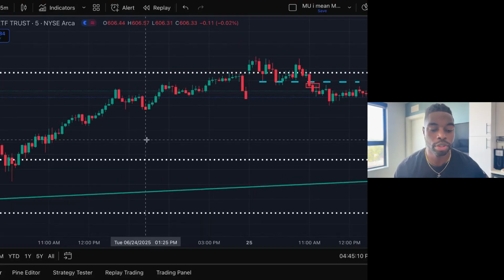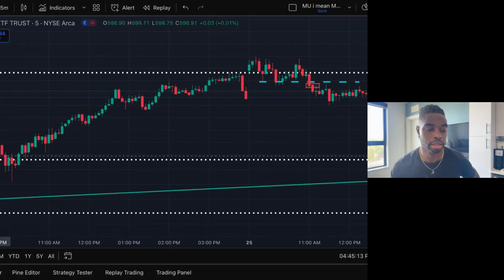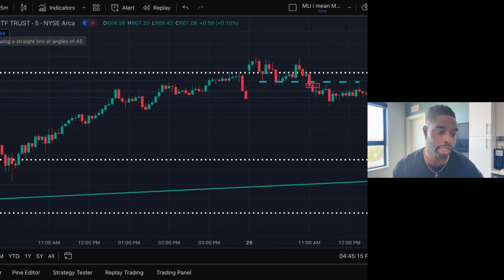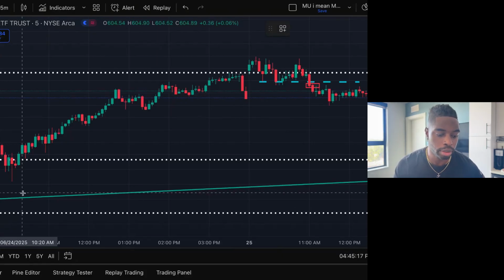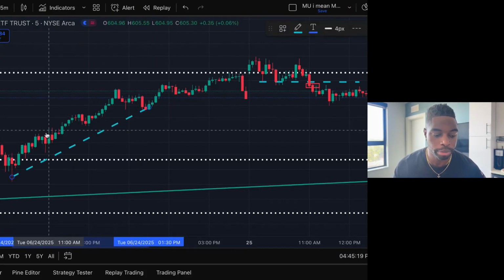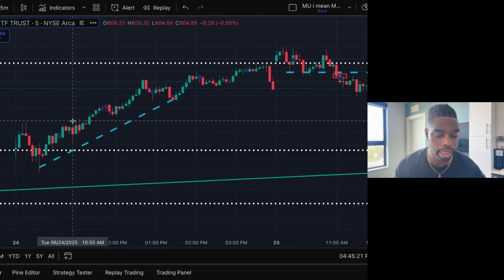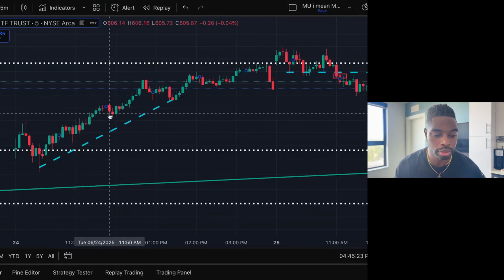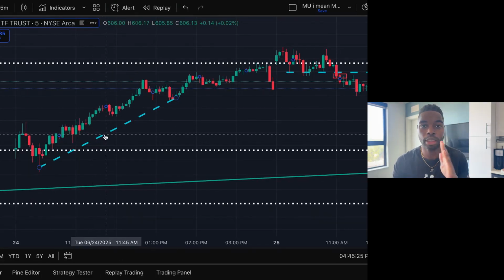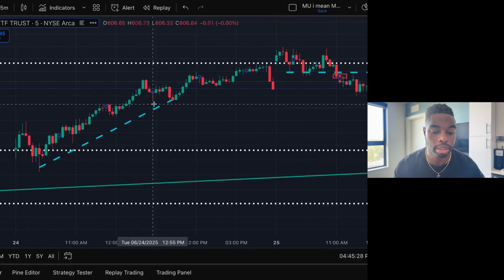Now, the thing you need to understand when it comes to price action is that there are trends. So what is a trend? There are uptrends, which are depicted by higher highs and higher lows. From left to right on your screen, you'll see that the price is going up.